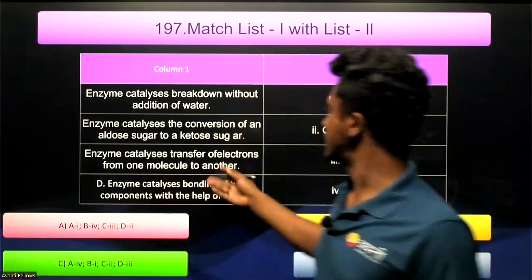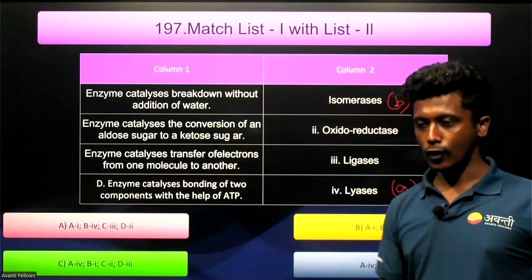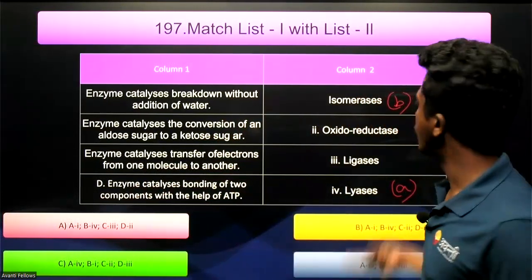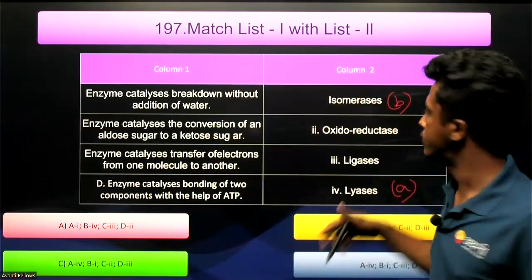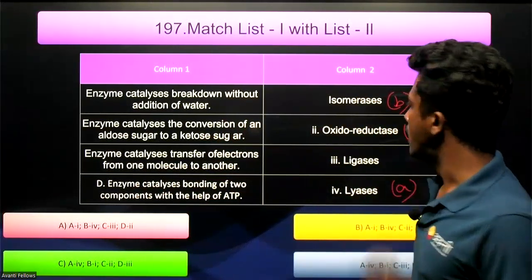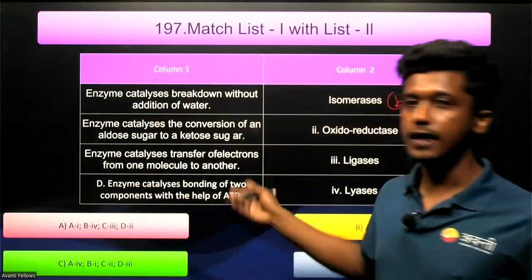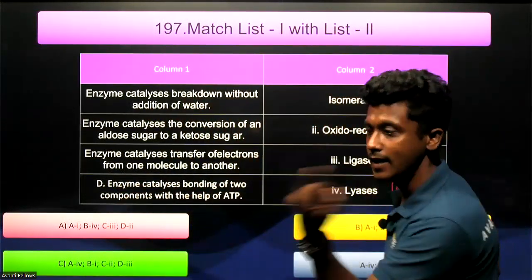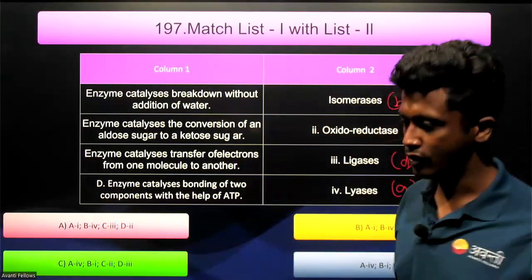Enzyme catalyzes transfer of electrons from one molecule to another molecule. That is called what? Oxidoreductase, or oxidoreduction, or redox reactions. So I'll write it as C here. Now finally, enzyme catalyzes bonding of two components with the help of ATP. We have seen this in DNA replication. So that is D, that is ligase or glue.